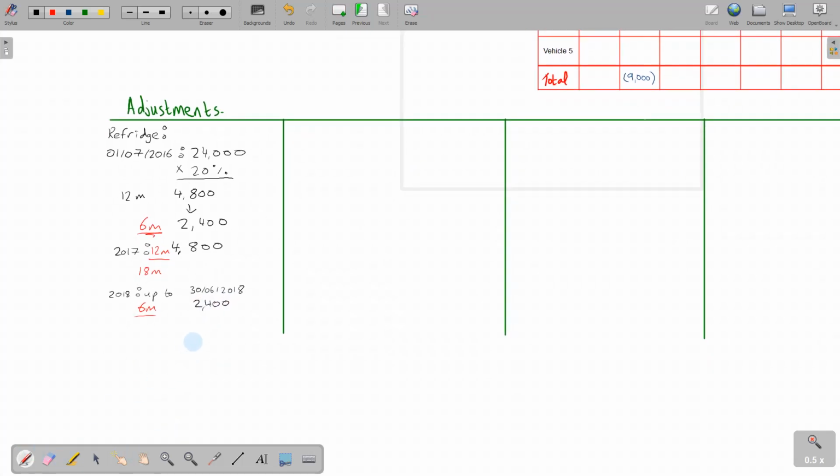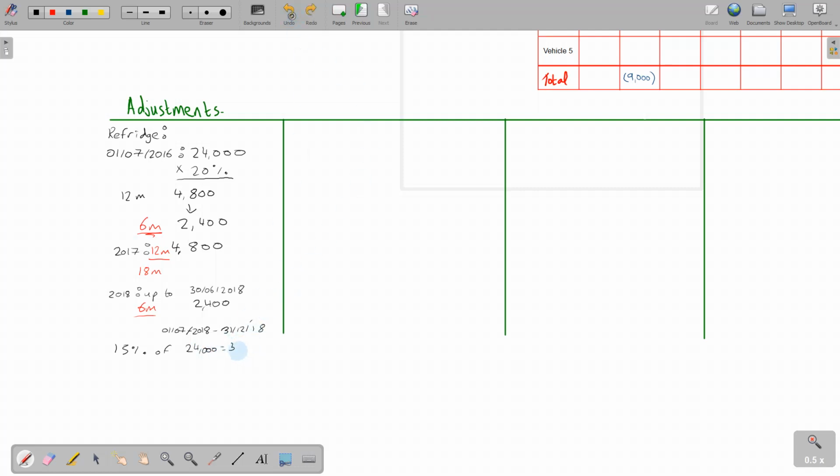Then for the remaining, from the 1st of the 7th, 2018 to the 31st of 12th, 18, that is 15%. So 15% of 24,000 is 3,600.